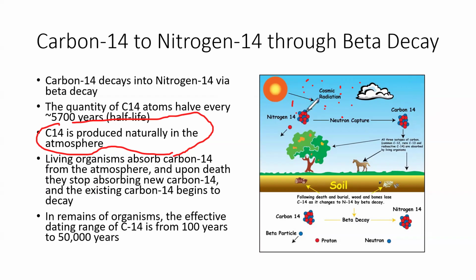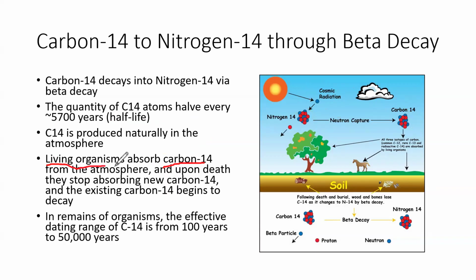Nitrogen in the atmosphere, when subject to cosmic radiation from the sun, can actually produce carbon-14, and later on, carbon-14 can transmute back into nitrogen-14. So the point here is that you have a constant supply of carbon-14.